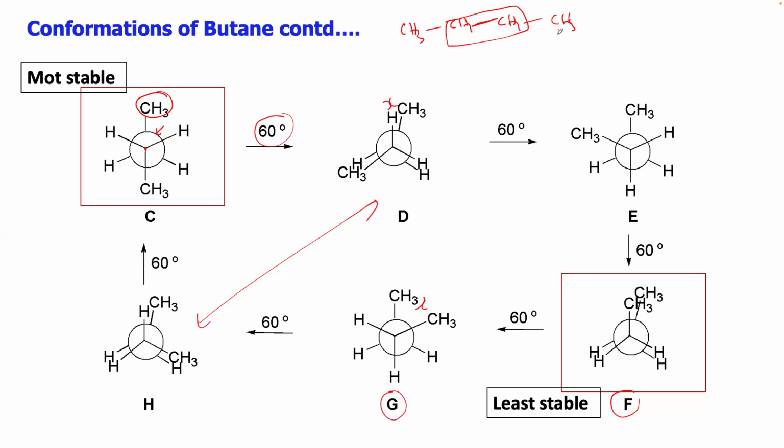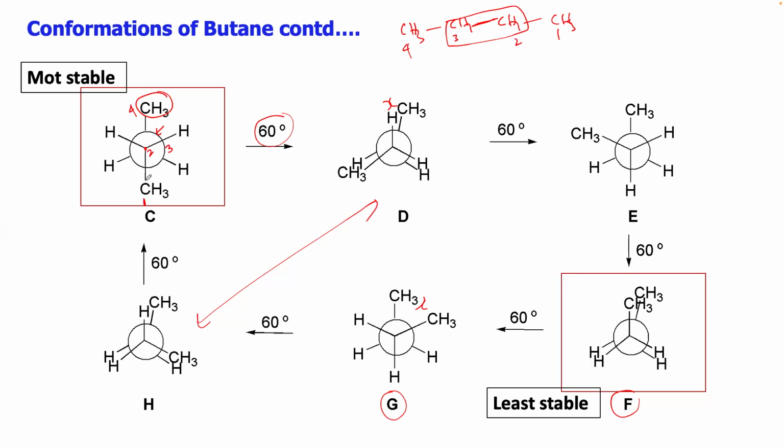So if you label 1, 2, 3, 4, this carbon is 1, this carbon is 2, this bigger ring is carbon number 3, and this is carbon number 4. We usually keep the back carbon intact, so we don't rotate the back carbon. We keep it as it is, and then we rotate the front carbon, which is carbon number 2.